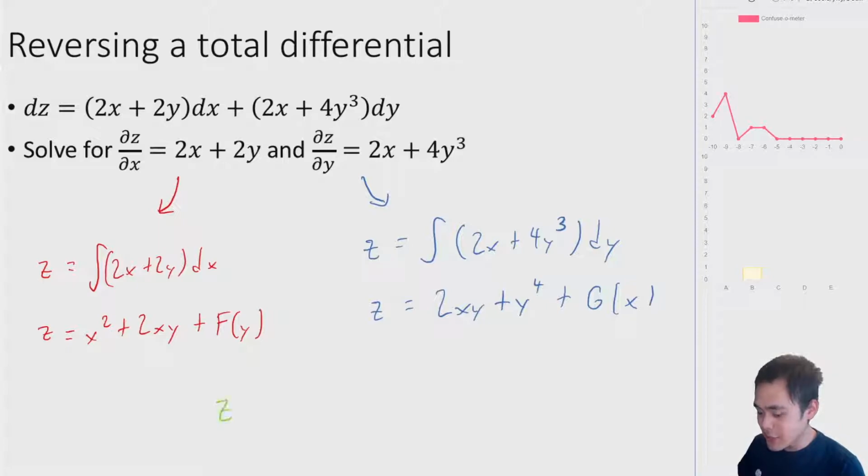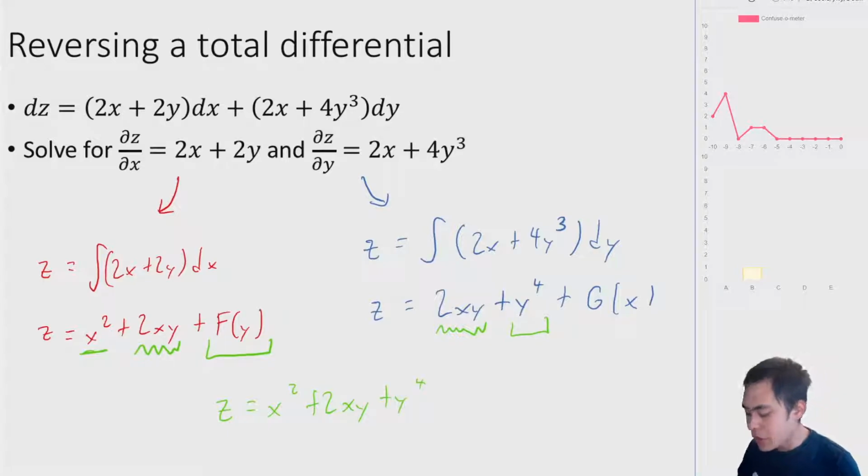So we have z is equal to, well, we have this x squared here, so it obviously needs to have an x squared. We have this 2xy here, which appears in both. And then we have this f of y, which corresponds to y to the fourth.